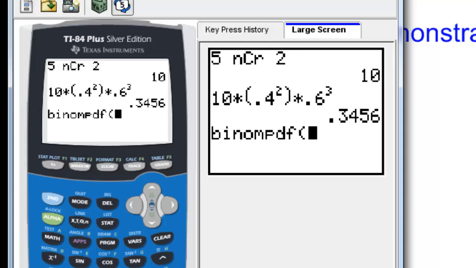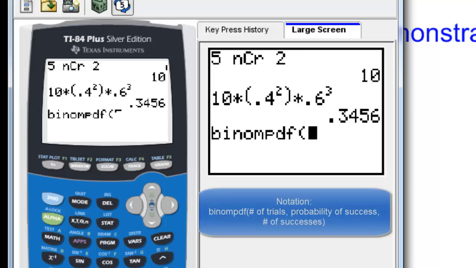The first thing we input after we select the command is the number of trials, so in this case, 5. Then we put a comma, right above the 7 here, and we put the probability of success on any one trial, so the probability in this case of getting heads, which would be 0.4.